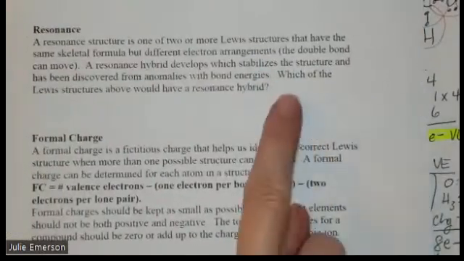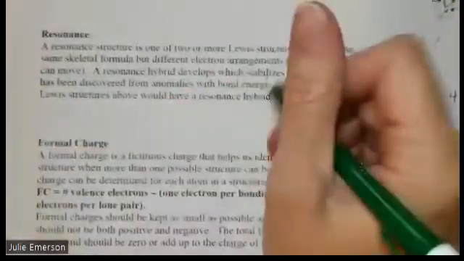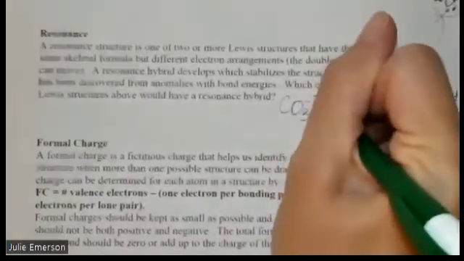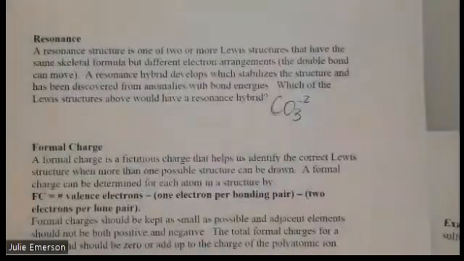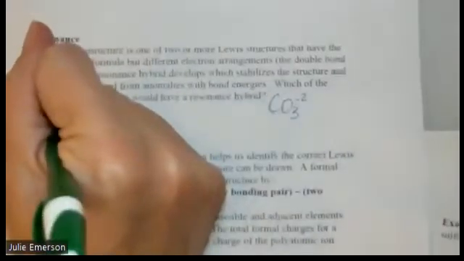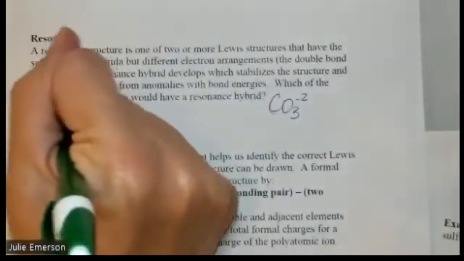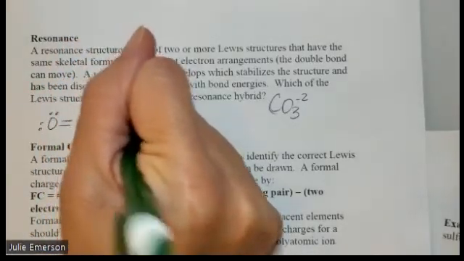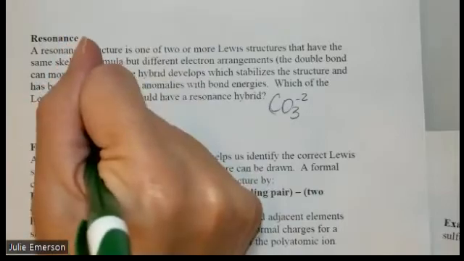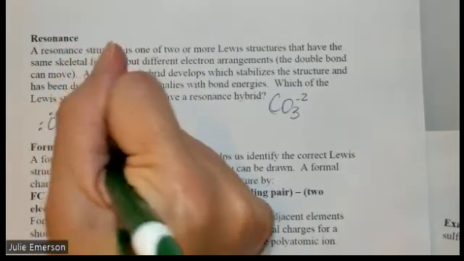All right, so which of the structures do we draw? The one that would have the resonance, that would be the carbonate. Based on the structure that we drew, we had oxygen with the double bond on the left, single bond on the right. Oh, and that's not really going to fit, sorry. Single bond on the bottom.